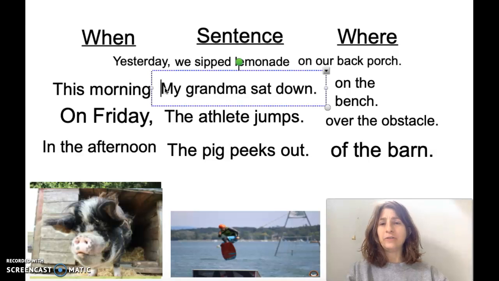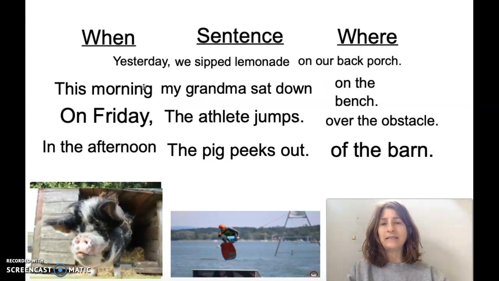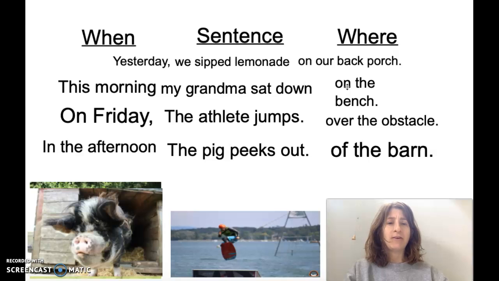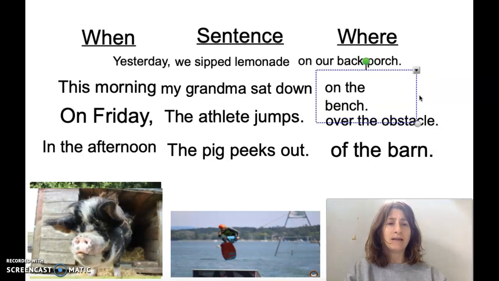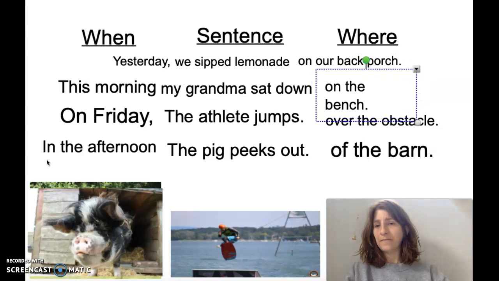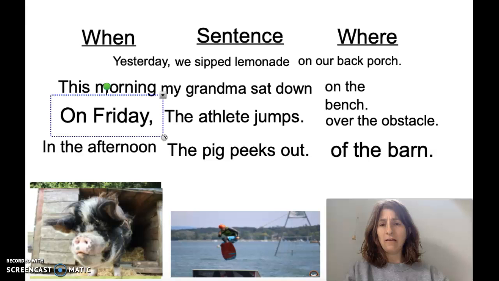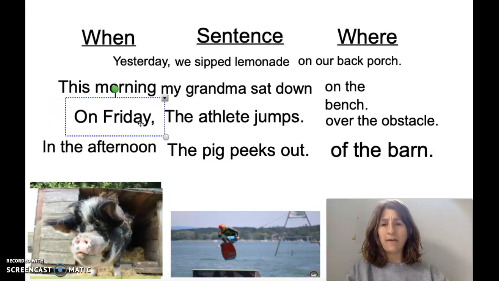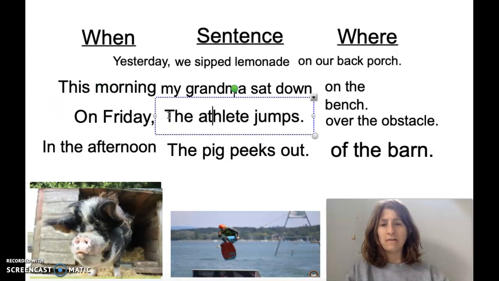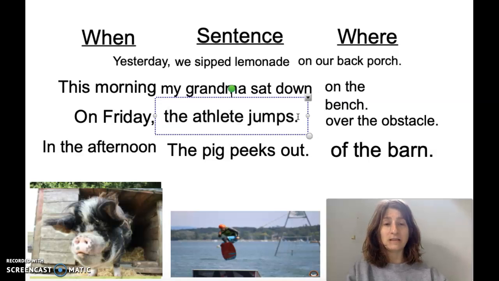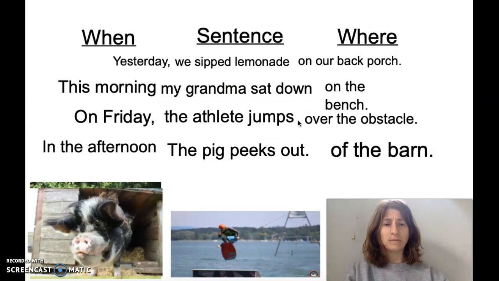Hopefully you are able to do that. Let me just fix a couple more pieces. So here's my sentence: this morning, my grandma sat down on the bench. Here's another one. On Friday, the athlete jumps over the obstacle.